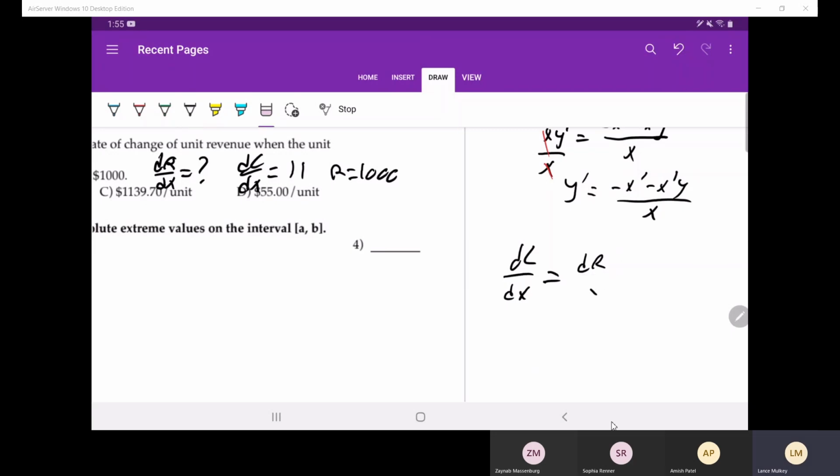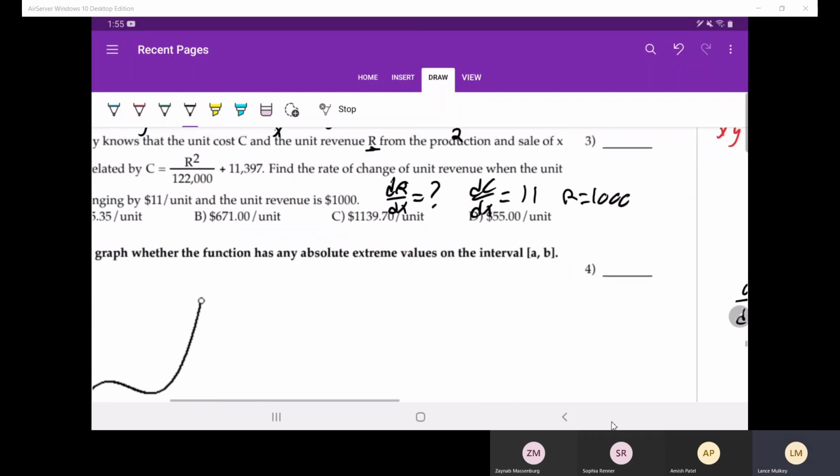No, hang on, that's R squared. Equal 2r dr dx times 1 over, and this right here is a constant, so when you take the derivative, it doesn't matter.